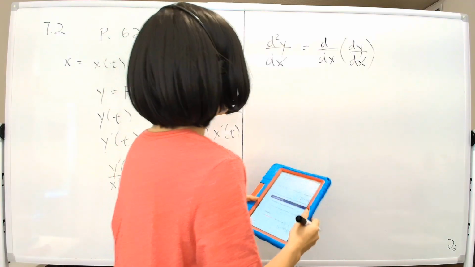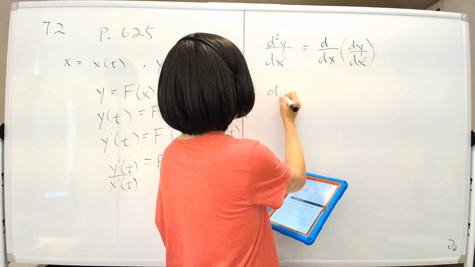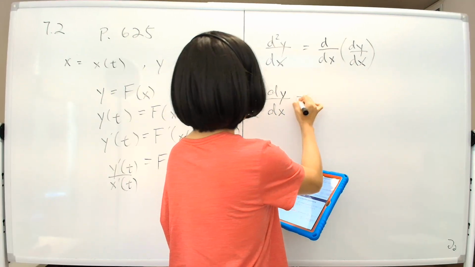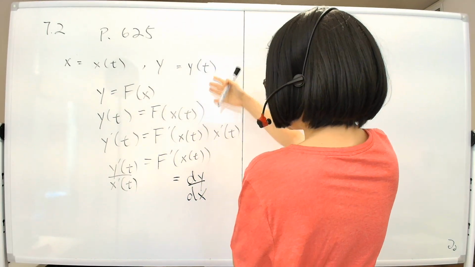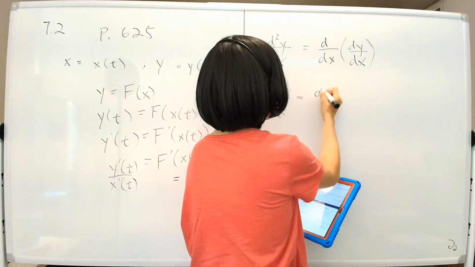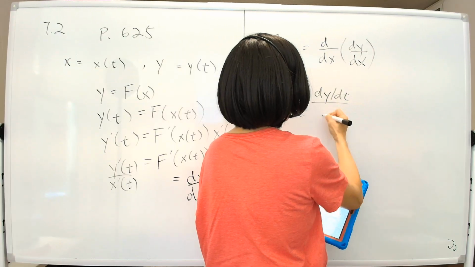That is, we have dy by dx of the parametric equation as given over here. I'll write it down again. It's dy by dt over dx by dt.